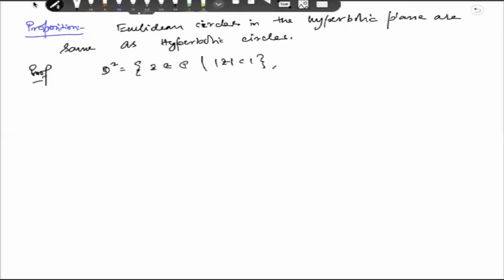Here the hyperbolic metric is ds square is 4 mod dz square divided by (1 minus mod z square) whole square.